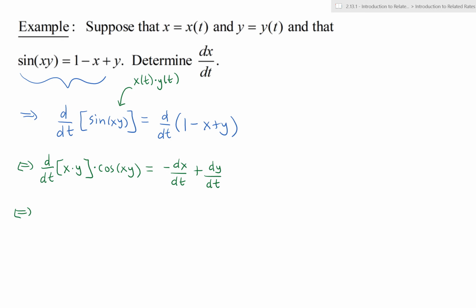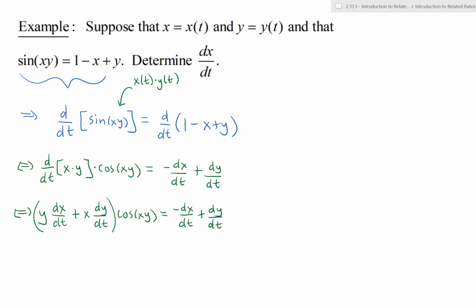The derivative of x with respect to t is dx/dt times that y, so I'm going to apply my product rule: y dx/dt, plus the x times the derivative of y with respect to t. And all of that is getting multiplied by the cosine of x times y. On the right-hand side, we still have negative dx/dt plus the dy/dt.